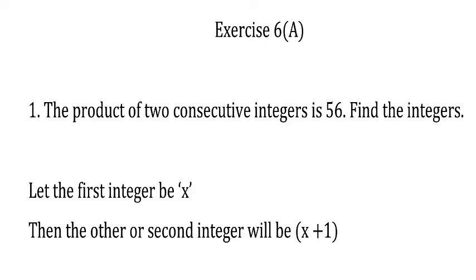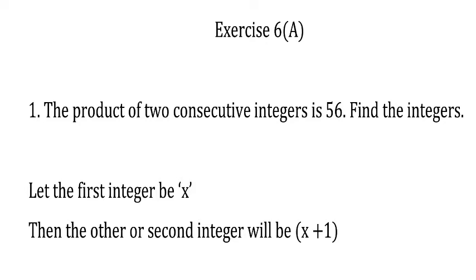So in this problem, the product of two consecutive integers is 56. Let me take the first integer as x, as it is stated that it is a consecutive integer. If my integer is x, the next integer will be x plus 1. So I have defined that: let the first integer be x, then the other integer will be x plus 1.